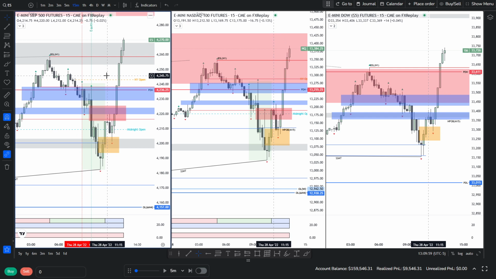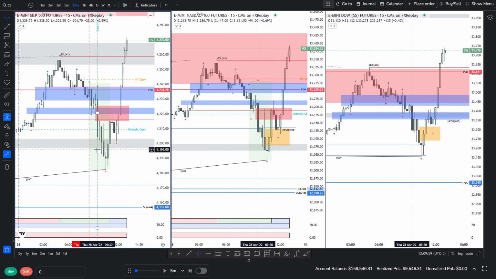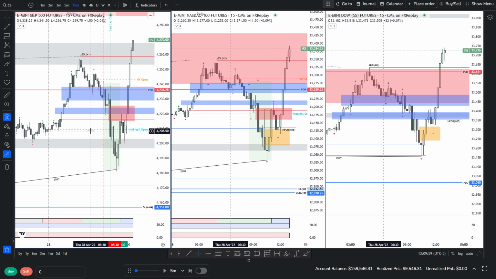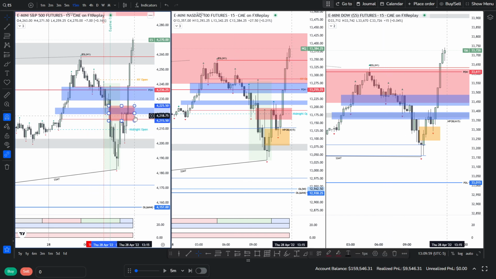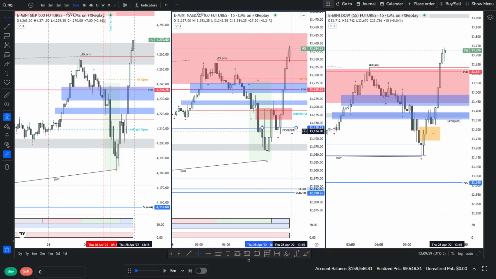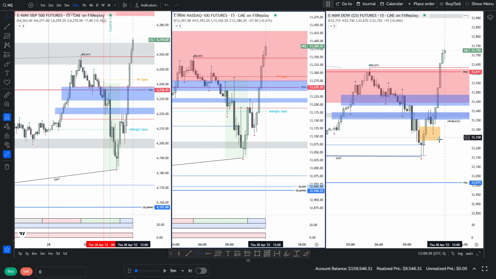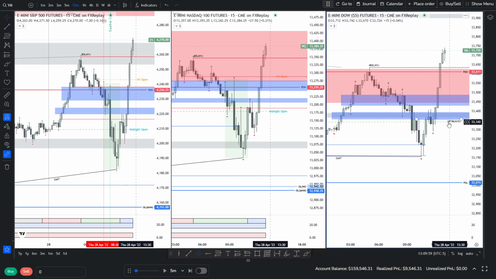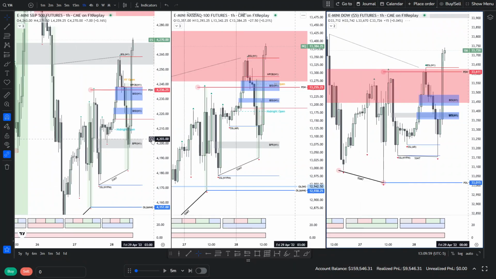Got news on Friday, so we may participate with Friday. I just want to get these off first. Then we're going to venture out to the hourly and then see.